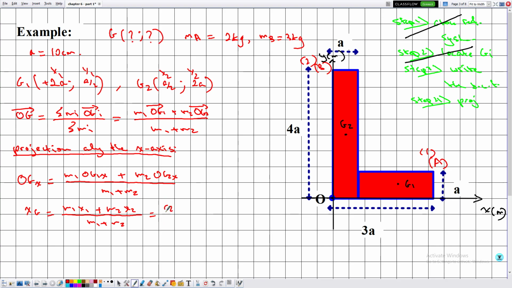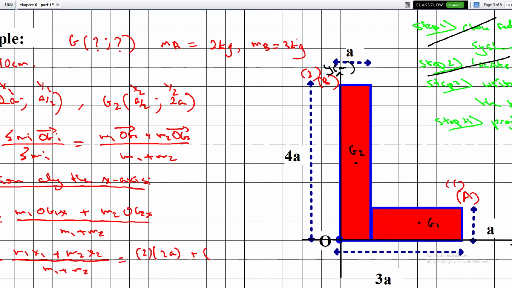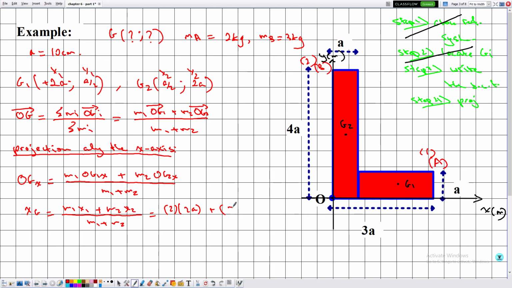So it's given by 2 multiplied by x1, which is 2A, plus m2, which is given by the mass b, 3, multiplied by the value of x2, which is a over 2, divided by m1 plus m2, which is given by 2 plus 3.